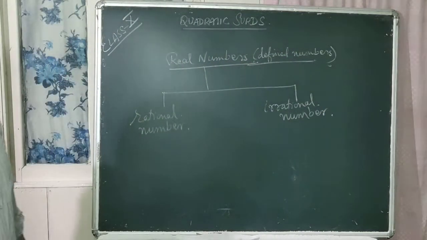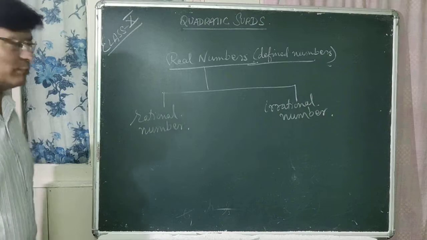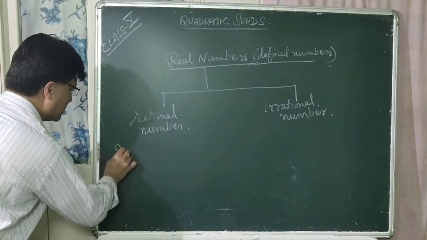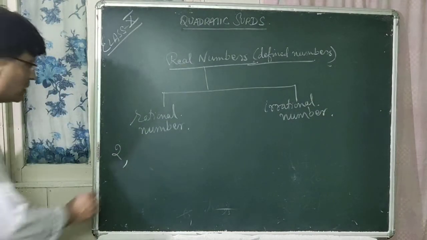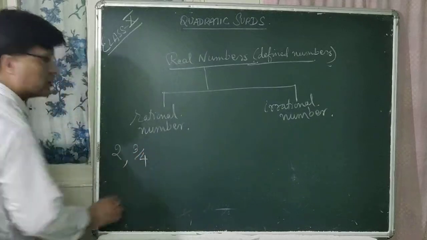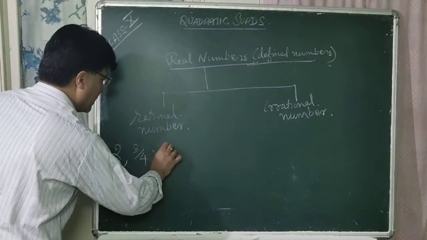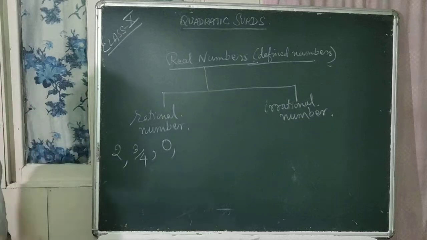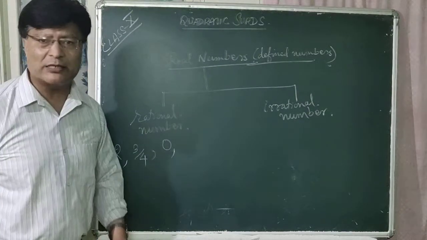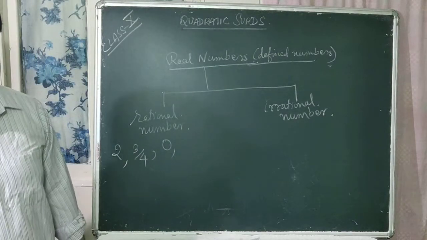Right? So what type of numbers are known as rational numbers? Suppose 2 is a rational number. 3 by 4 is also a rational number. 0 is also a rational number because 0 can be written as 0 divided by 1.